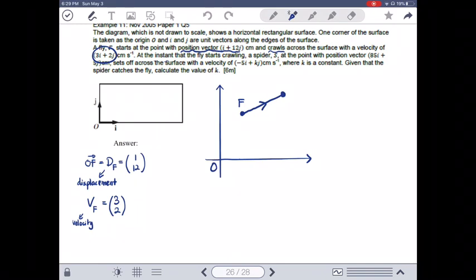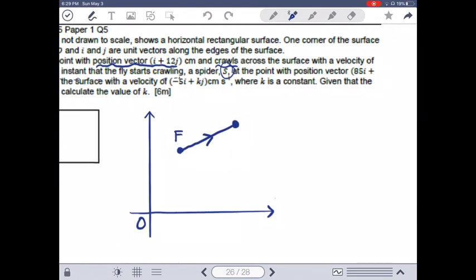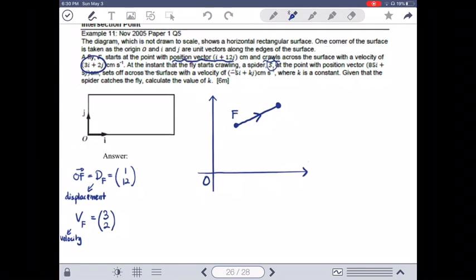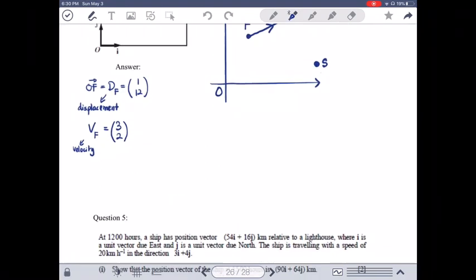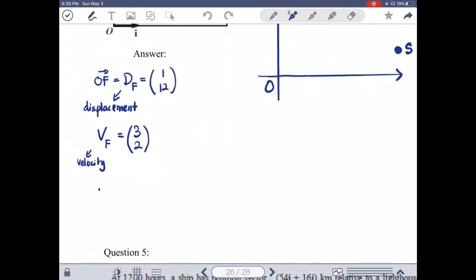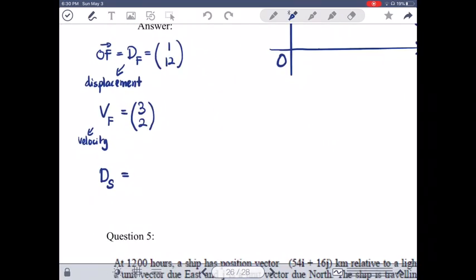At the instant that the fly starts crawling, there's a spider, S, at the point whose position vector is 85i plus 5j. So I assume the spider is more to the right and down here. This is the spider. So the displacement of the spider is 85, 5.